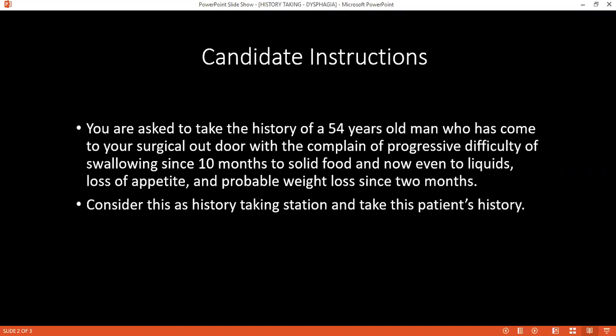Have you noticed any lump in your throat, or do you feel like something is stuck in your throat while taking food? I don't feel that. Sir, have you noticed any difficulty in climbing stairs, going upstairs, downstairs? No, I haven't felt anything. Sir, have you noticed any burning in eyes, dry eyes, or any cold hands?